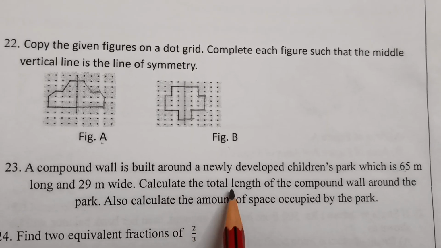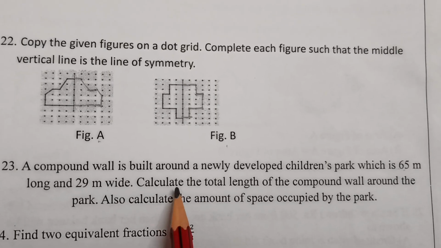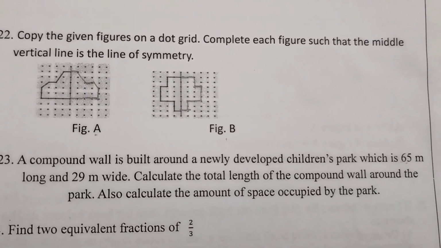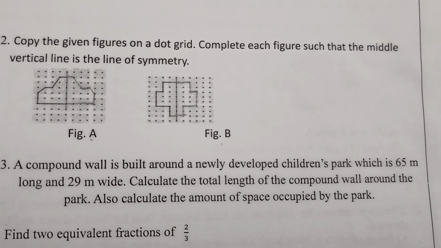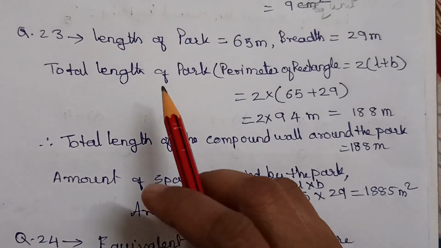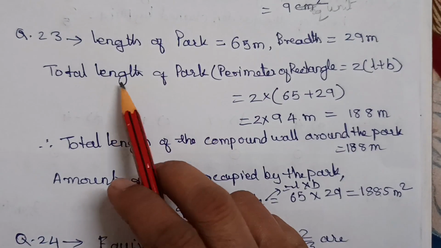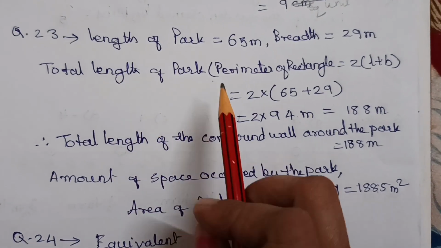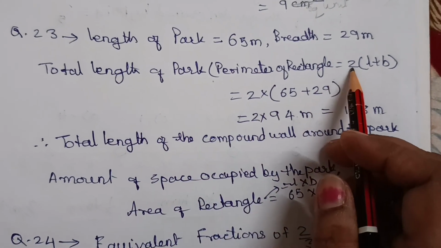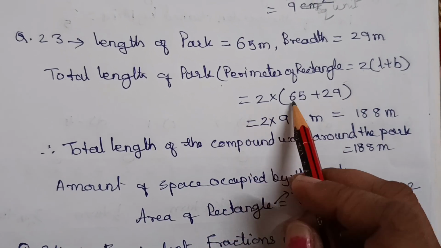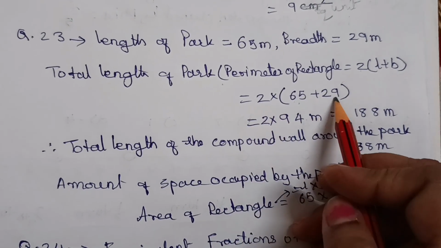First we'll find the perimeter of the rectangle and then we'll find the area, the space occupied by the park, that means the area of the park. Length of the park is 65 meter and breadth is 29 meter. So the total length of the park, that is the perimeter of the rectangle, here we will use the formula 2 into L plus B. So 2 into length is 65, breadth is 29.